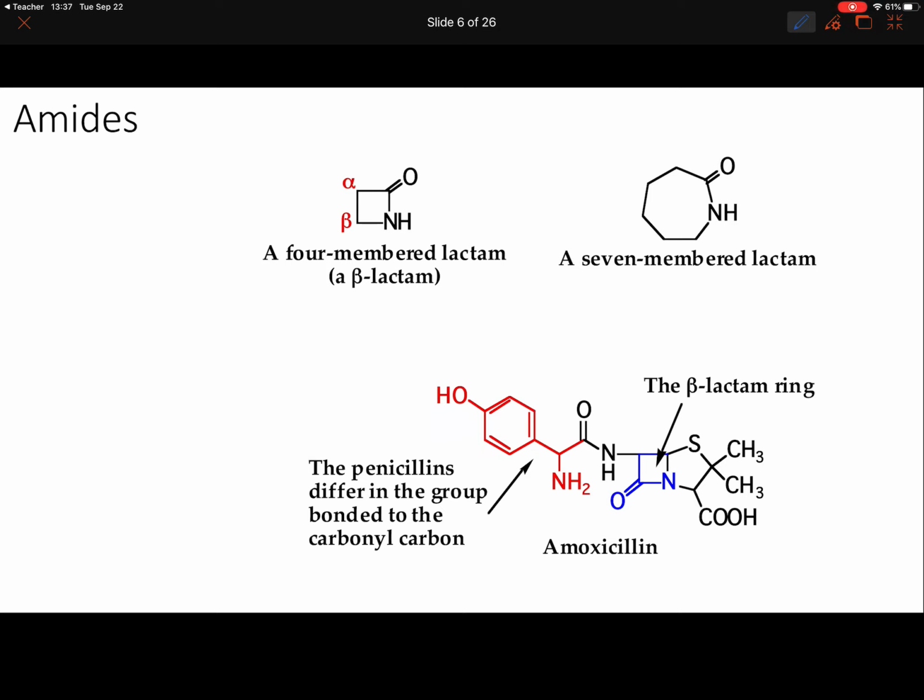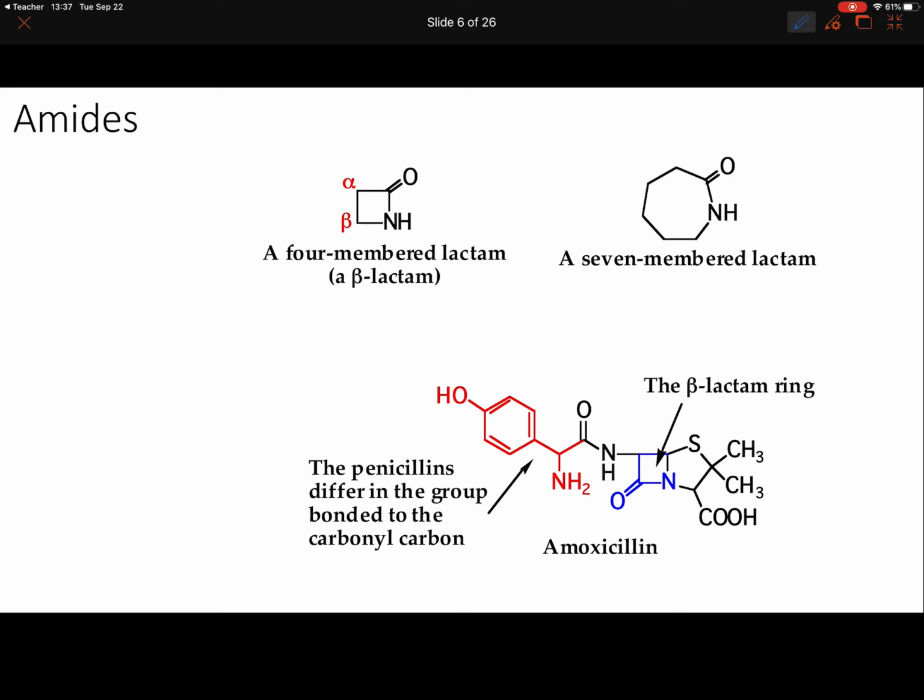Now, cyclic amides, unlike the lactones that we called esters, cyclic amides are called lactams. And I'm showing you here a 4-membered lactam. I'll call it a beta-lactam. There's a 7-membered lactam. Again, it's a cyclic amide.